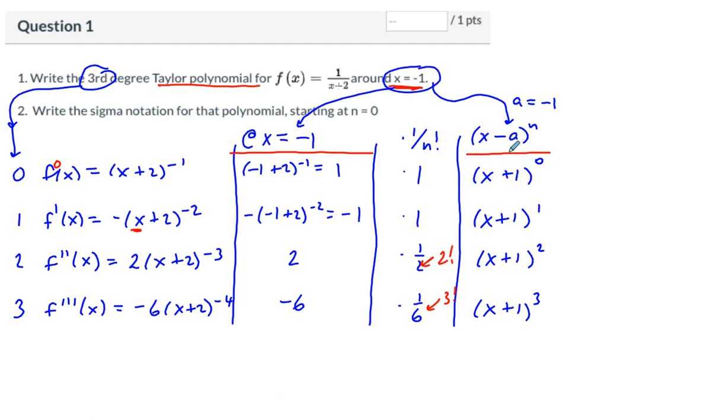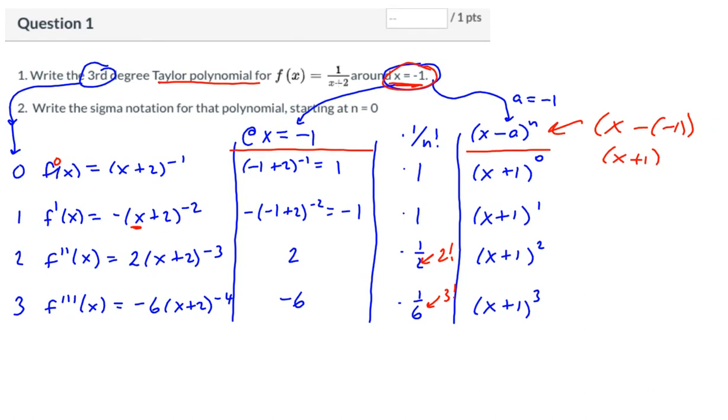The polynomial term for the Taylor polynomial is x minus the point at which we are evaluating. So in this case, it's x minus -1. And you might see that written in some of your comments. That becomes x plus 1, and that's why all the polynomial terms are plus 1s raised to the appropriate powers.